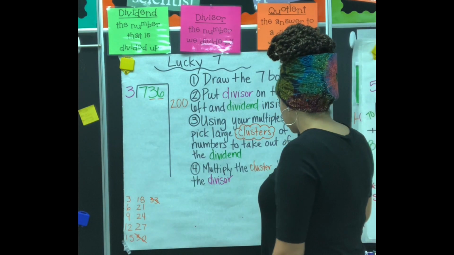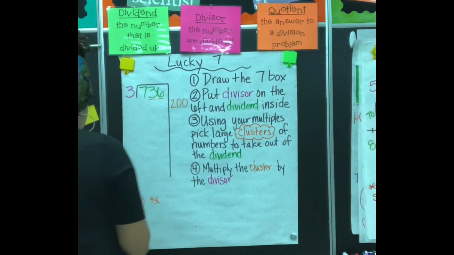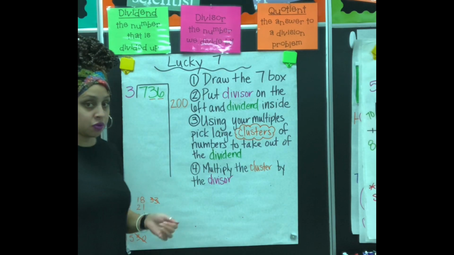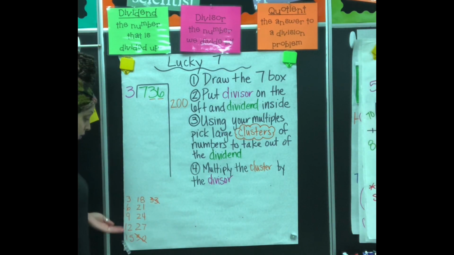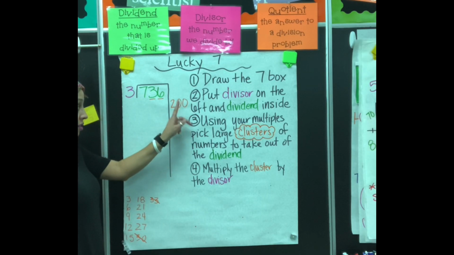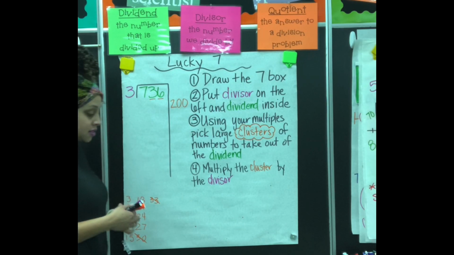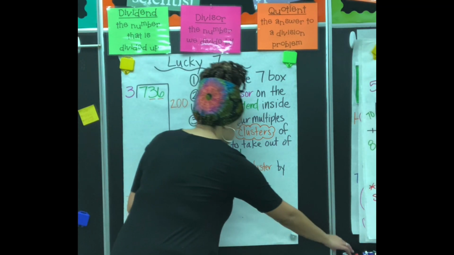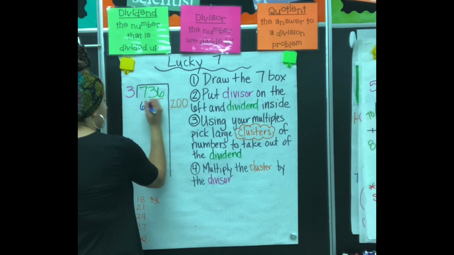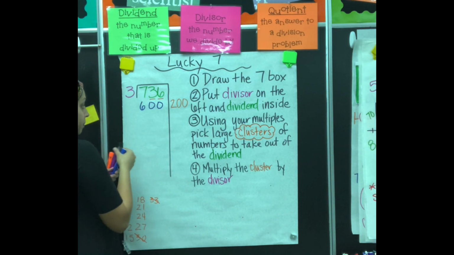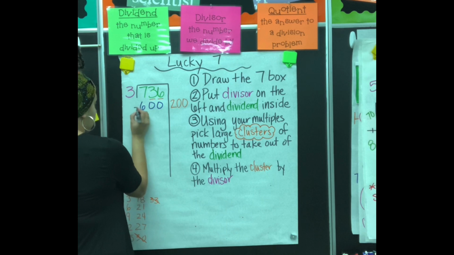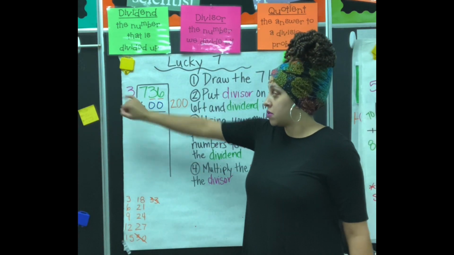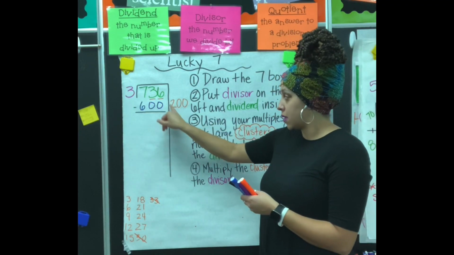We are going to go 200, big cluster, multiplied by 3. Well, what's 2 times 3? We already did the work. That's why we do the work. It's 6, but really it's 200. So what's 200 times 3? It's 600. So we are going to subtract 600. Well, I mean, that's what we're going to do. We're not there yet. But so we multiplied 2 times 3, and we got 6, but it's really 600.